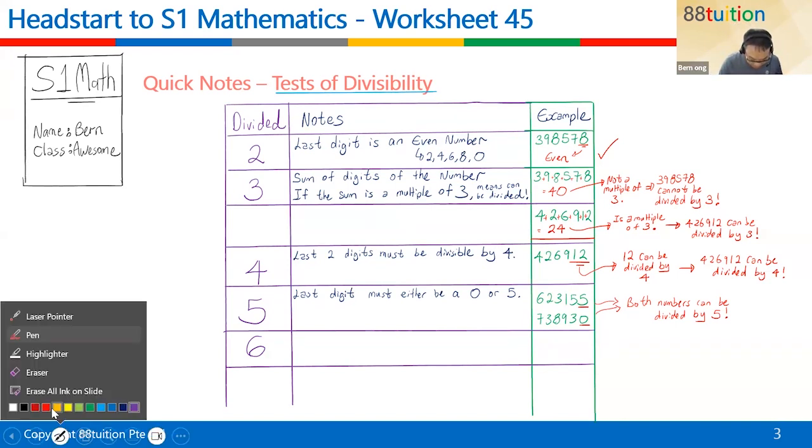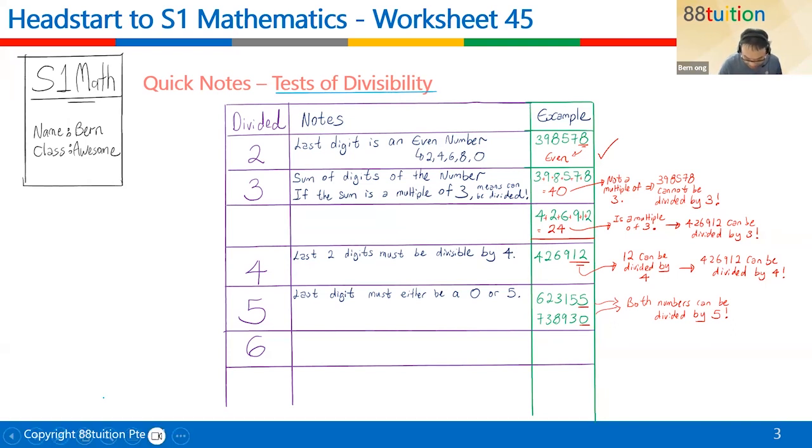The number 6 is actually 2 times 3. So if you make an intelligent guess, it must satisfy the divided by 2 and divided by 3 rules.